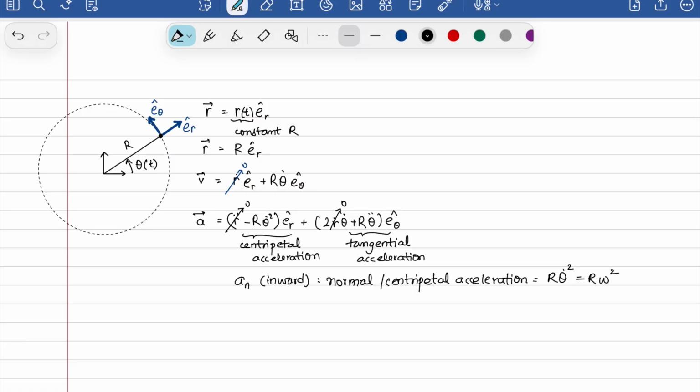And a_t, the tangential acceleration, is equal to R theta double dot, or this is R alpha.